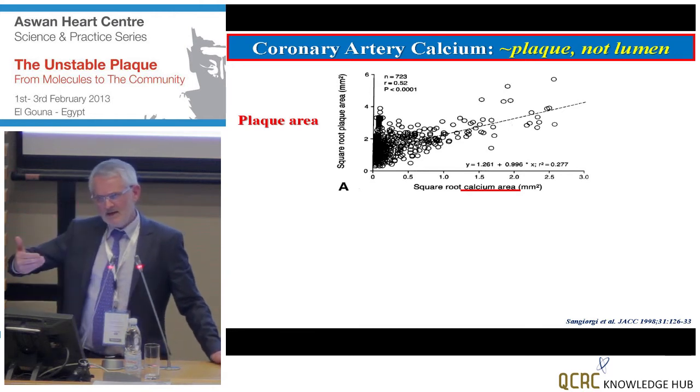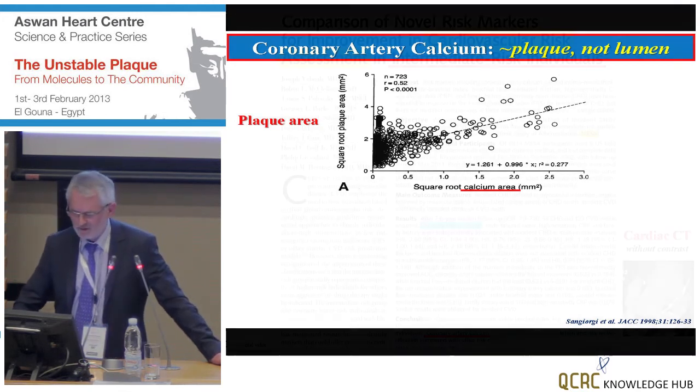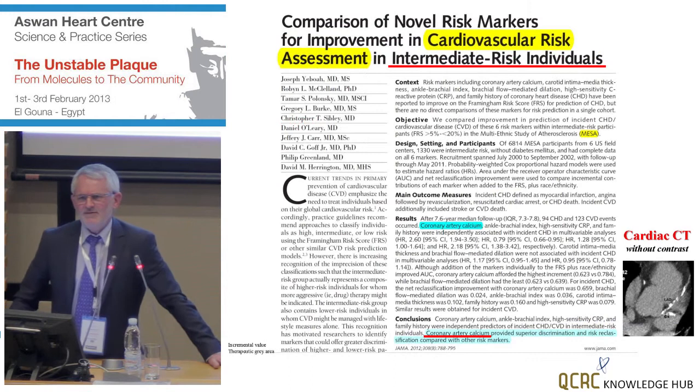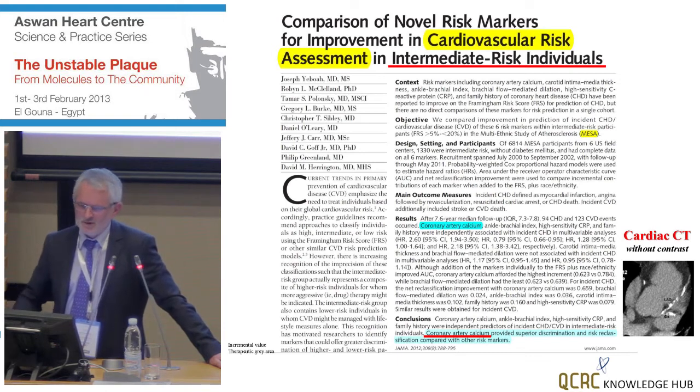So the amount of calcium says nothing about coronary stenosis or flow limitation, but it tells you about the amount of atherosclerosis. And in fact, it can be used for risk assessment because it's a marker of atherosclerosis.